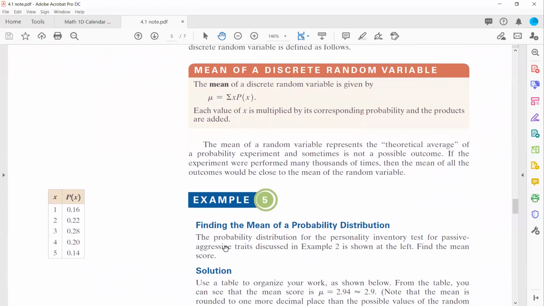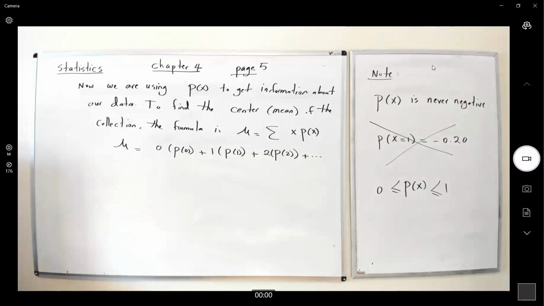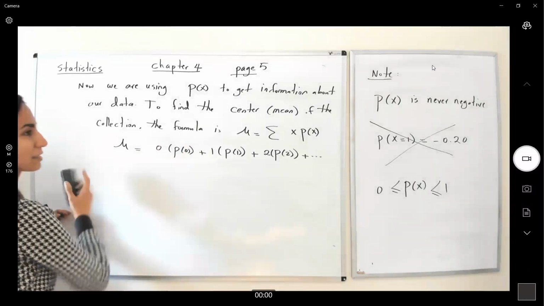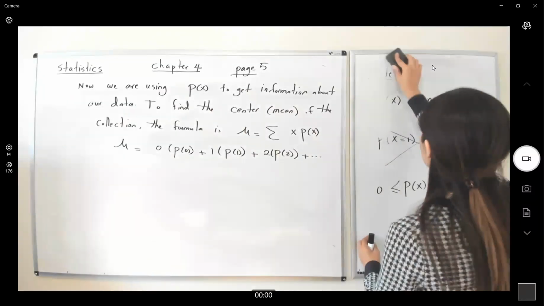Example. The probability distribution for the personality inventory test for passive-aggressive traits discussed in example 2 is shown at the left. Find the mean score. Very well, let's go over this example. Let me erase this part of the board.